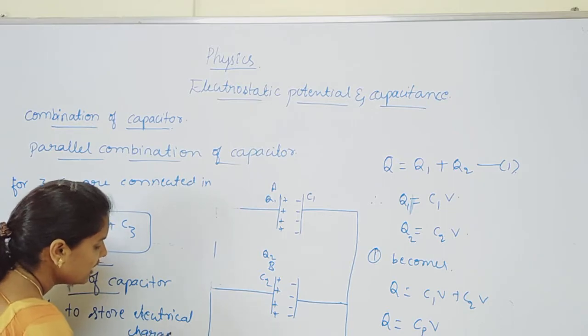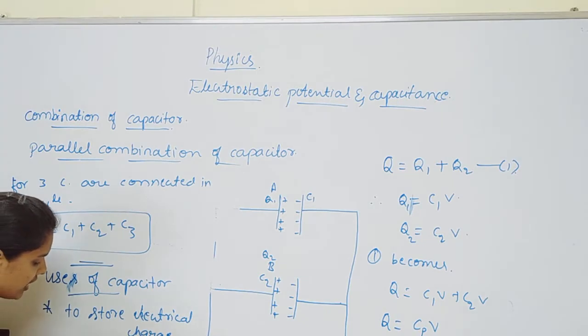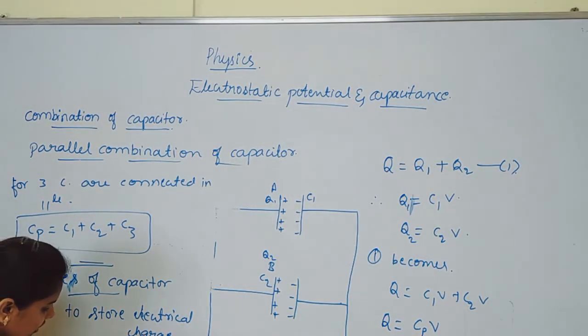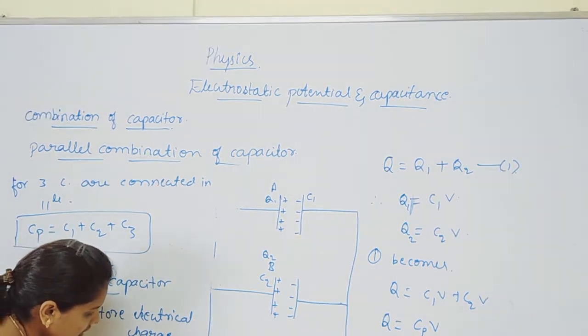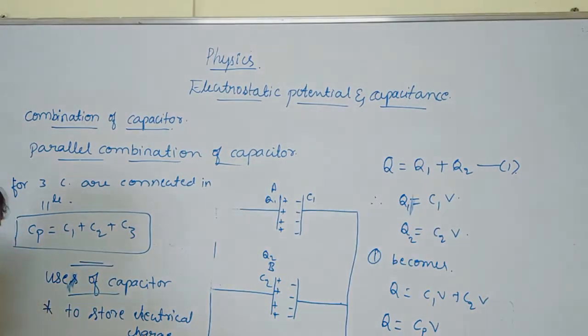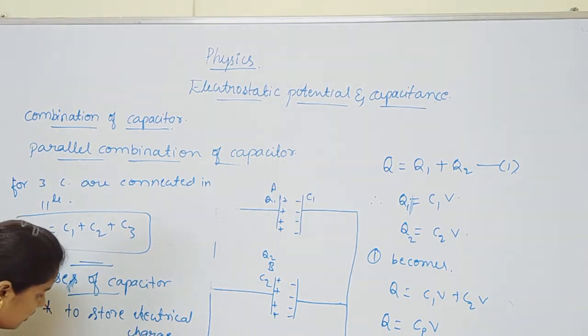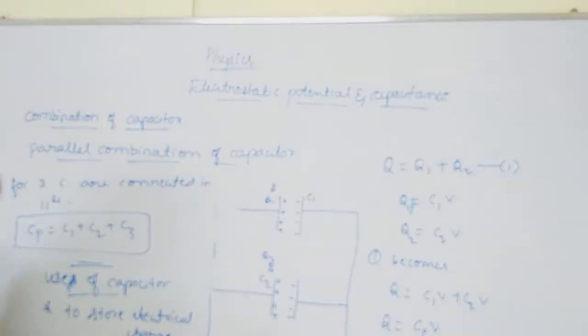It is used in TV, radio, etc., and it is used as a potential divider. It is also used in AC circuits, and to generate electrical energy in a small gap. This is about the uses of a capacitor.